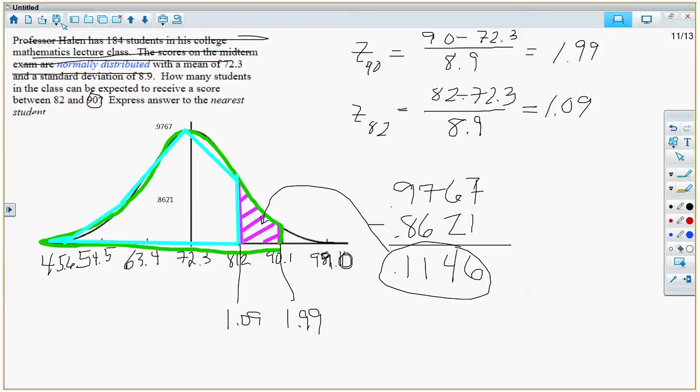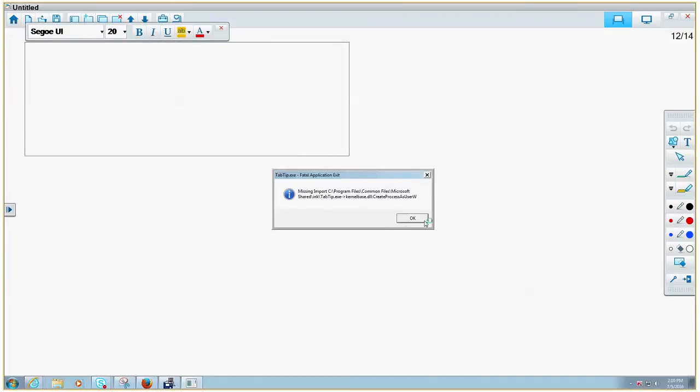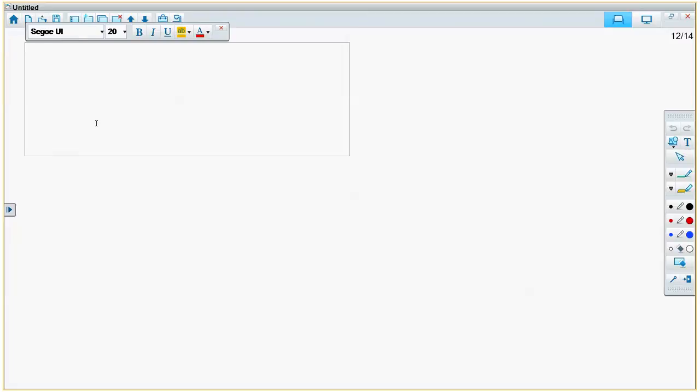Let me get a new page. Here we go. A recent math test was given with a mean of 72 and a standard deviation of 5.